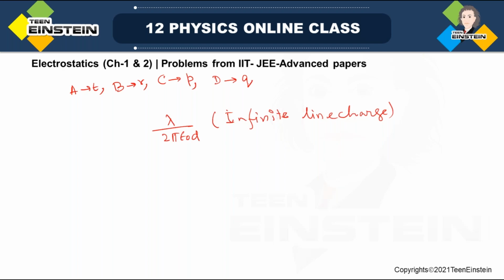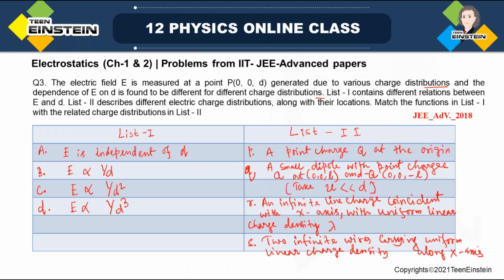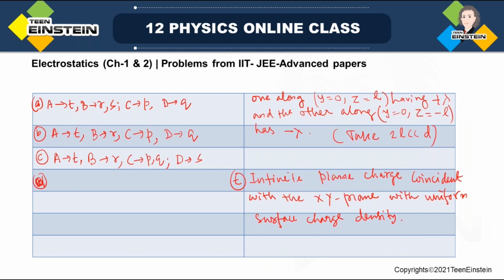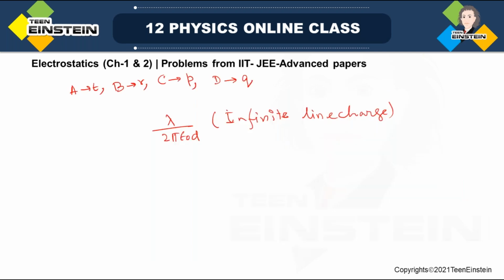Now S, we'll see S. In case of S, the electric field, here we have to read the two infinite wires carrying uniform line charge, linear charge density, along x-axis, one at a distance z is equal to L, another one along minus z. Let us try to see the situation. Okay, so this is z direction, suppose.